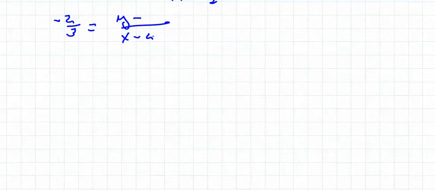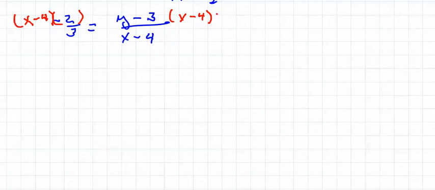So x minus 4, y minus 3. And we're almost done. Put this in parentheses, and I'm going to multiply by x minus 4. My handwriting is horrible today.